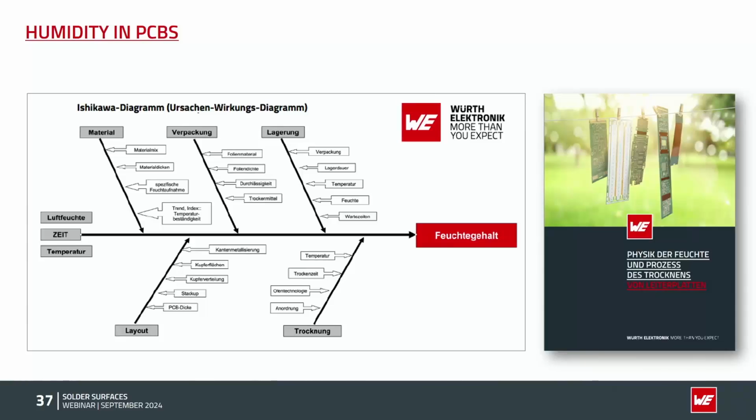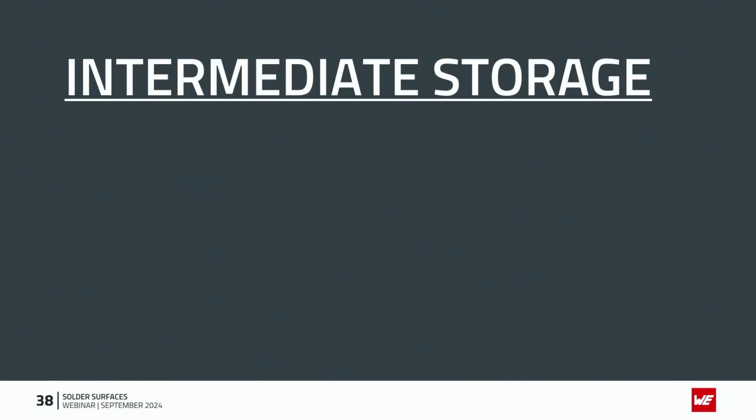If you have to dry, we also had a webinar on this topic, the drying process. You may have a look at our website or on our YouTube channel, and you can read a lot about the process of drying itself.